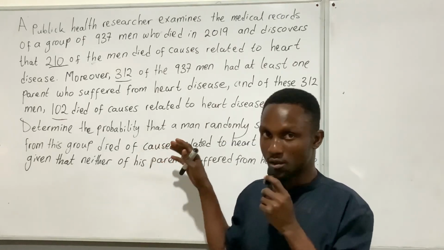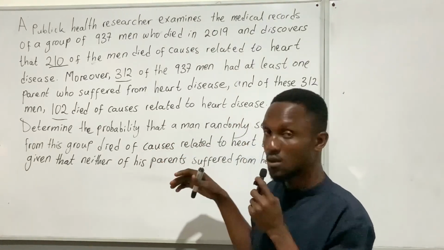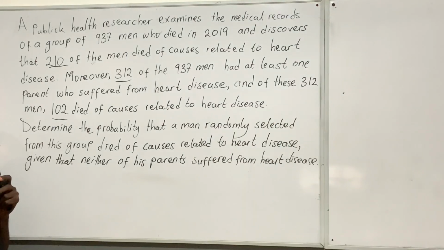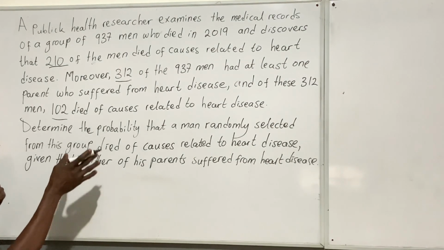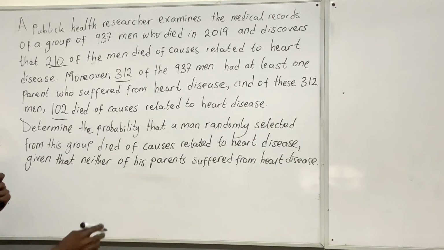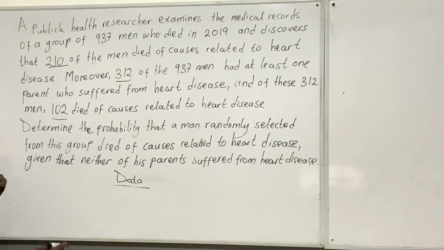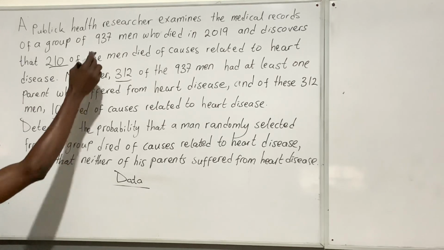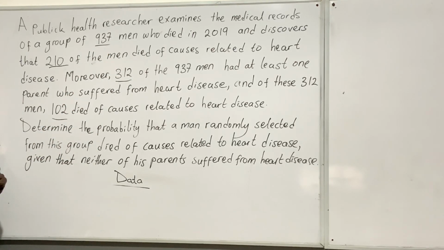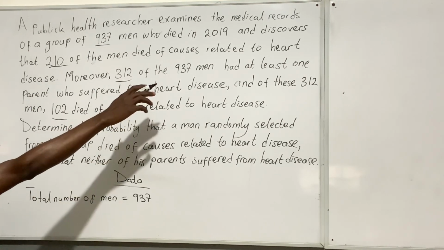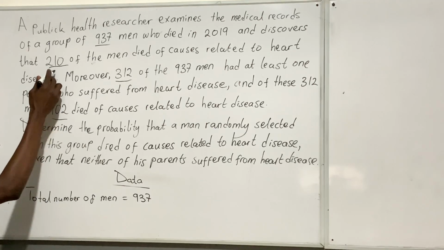So this is what we have under conditional probability. Let's see how we can break this down. The first thing I want us to do is to break the equation down. Let us write down our data. Now, what is the total number of men? We have 937. Now the next thing said that the total number of men who died from heart disease is 210.